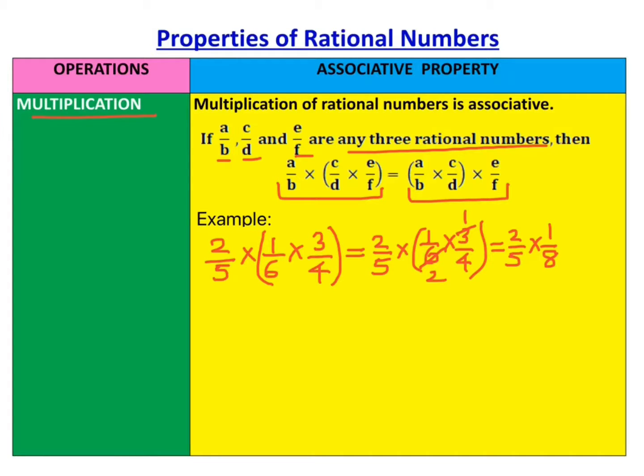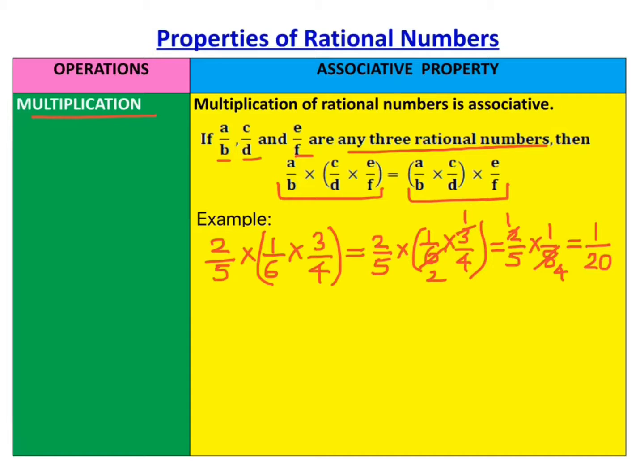In this expression, 2 and 8 have 2 as common factor. Let's cancel it. 2 times 1 gives 2, 2 times 4 gives 8. Now this expression is equal to 1 times 1 in the numerator, which is 1, by 5 times 4 in the denominator, which is 20.